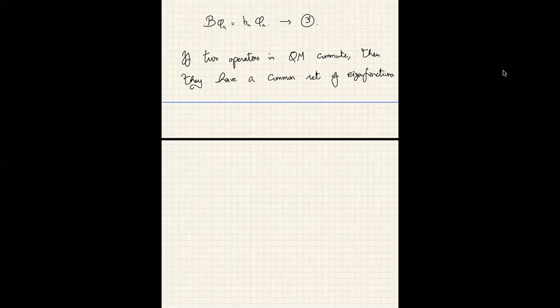So the statement of the uncertainty principle is this. Suppose you have two operators A and B. Then sigma A squared times sigma B squared is greater than or equal to, I'll first write this down and then we will understand what this means, the quantity 1 over 2i times the expectation value of the commutator of A and B, squared.